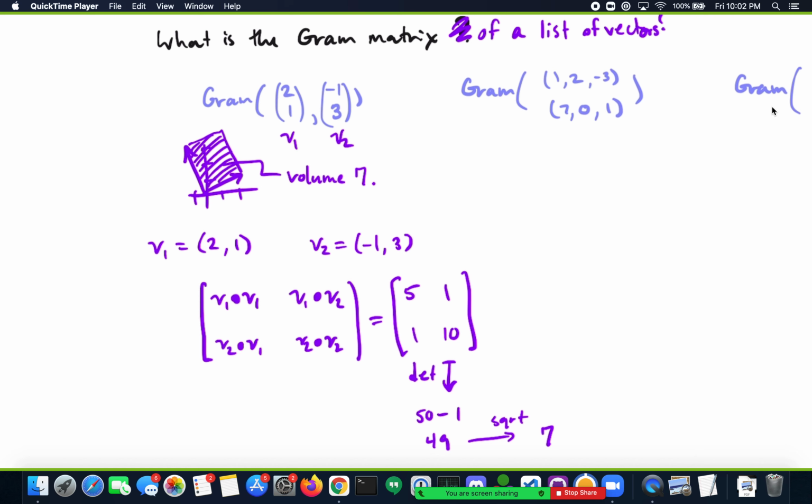In fact, you might notice that we could have just put these two vectors, 2, 1 and negative 1, 3, in a matrix and taken its determinant: 2 times 3 is 6, minus negative 1 times 1 is negative 1, and that is in fact 7. So you might say, why did we even need the Gram matrix? Why didn't we just take the determinant? The determinant would have given us that same volume.